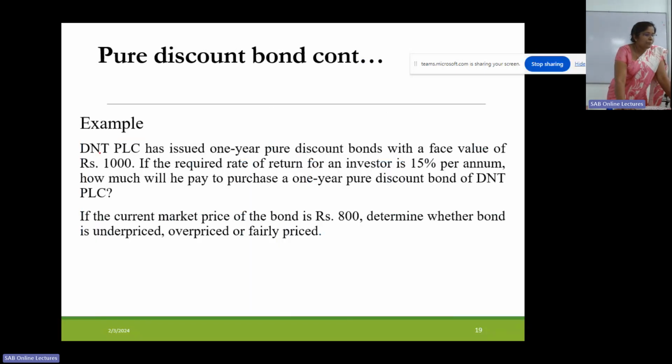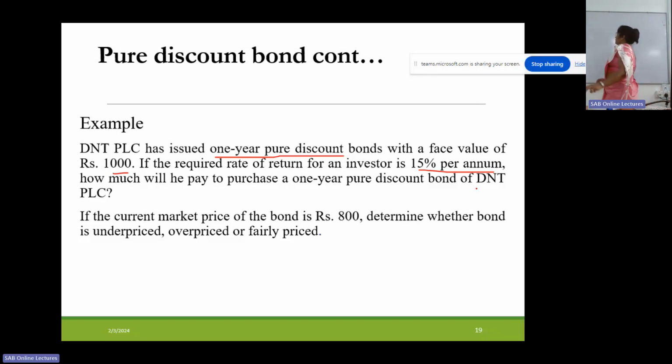See here an example. DND PLC has issued a 1-year pure discount bond with a face value of 1,000. If investors require a rate of return of 15% per annum, how much will he pay to purchase the 1-year pure discount bond?